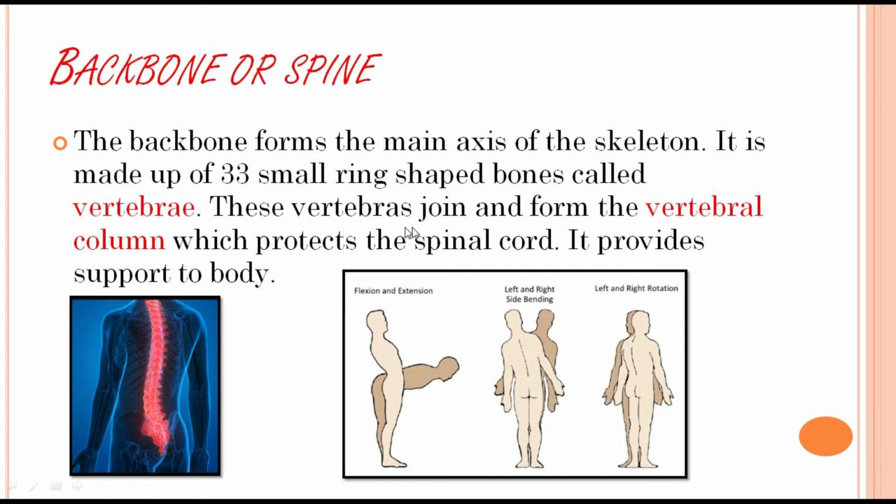And these vertebrae when joined together, they are known as the vertebral column. And it protects our spinal cord. And you know that it provides support to our body also. See, it helps to bend right and left and our rotation also.